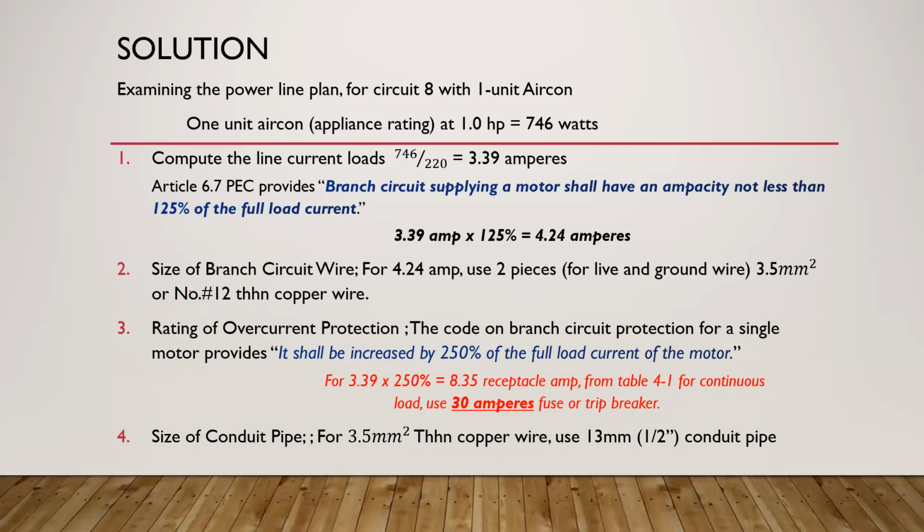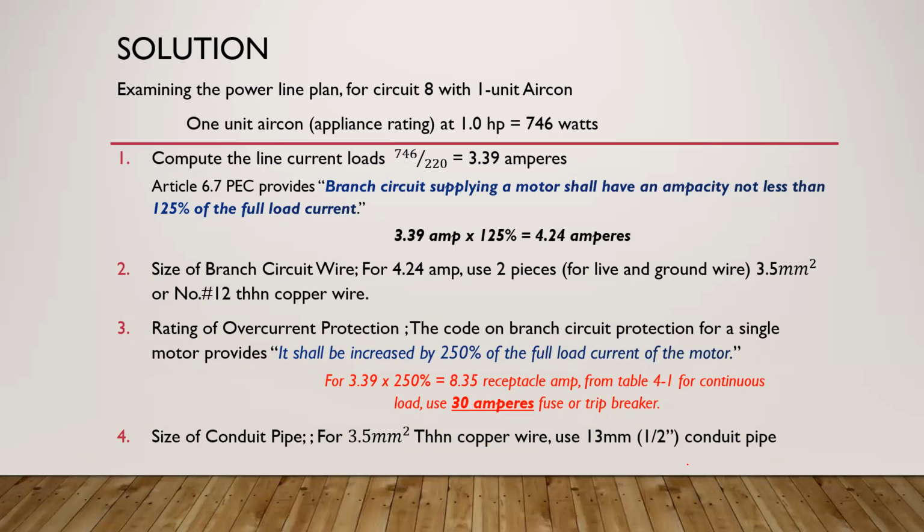And then, our conductor wire is minimum 3.5 mm or number 12 conductor wire. Again, it is the same as earlier in circuit number 7. It will be safely accommodated with the use of a 13 mm conduit pipe.